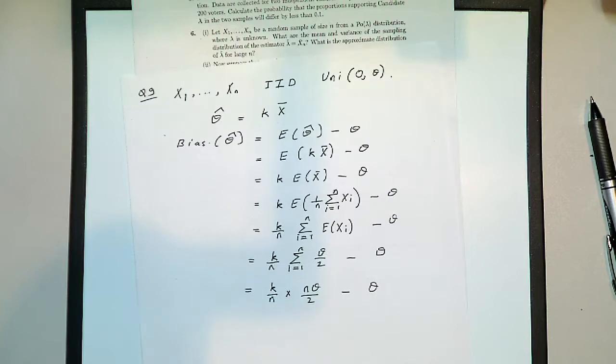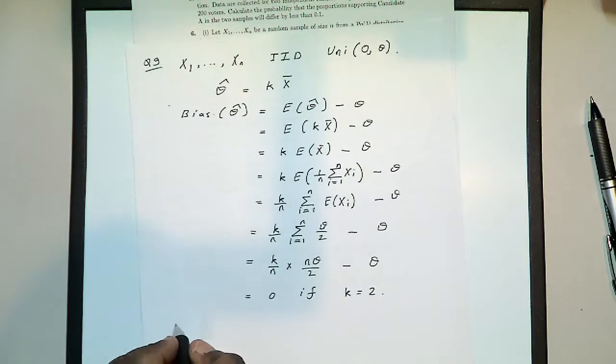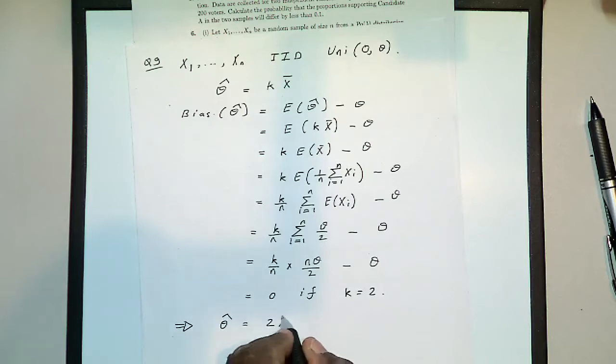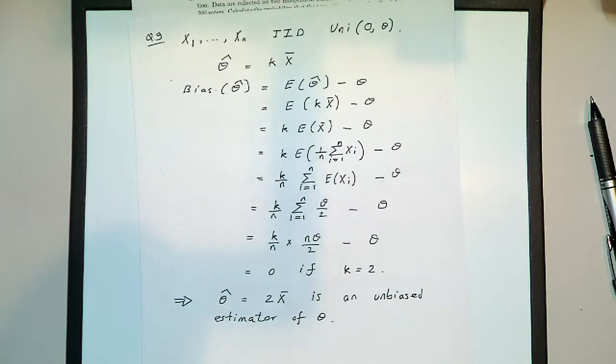Right? So k defined to be 2 times the sample mean is an unbiased estimator. So that's the first part of the question.